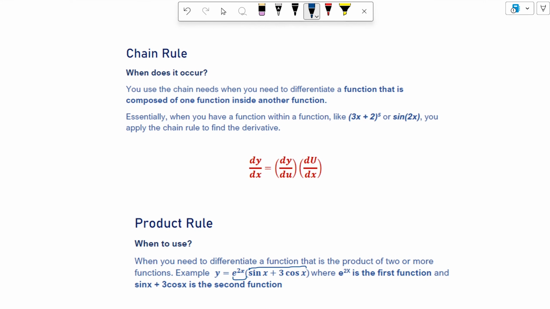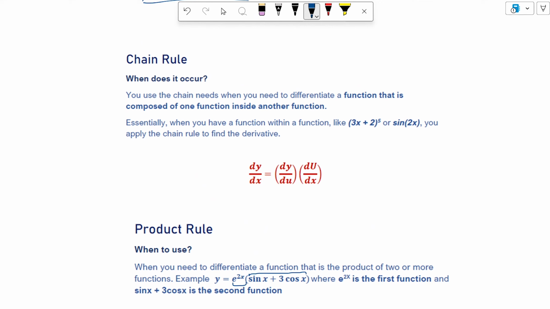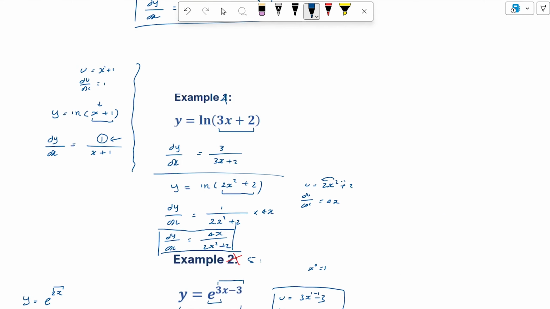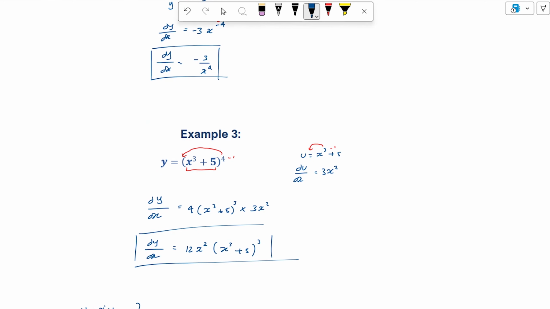And then the chain rule, this is an interesting one. I technically already did the chain rule, but you did not notice it. So this right here, that was done using the chain rule.